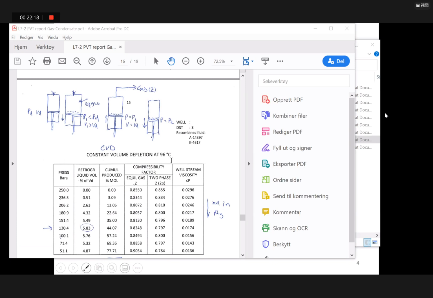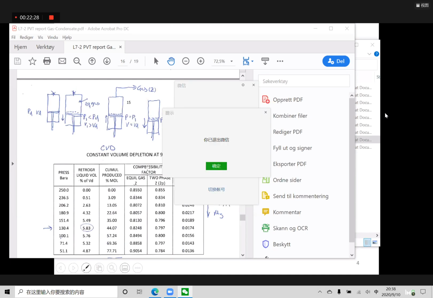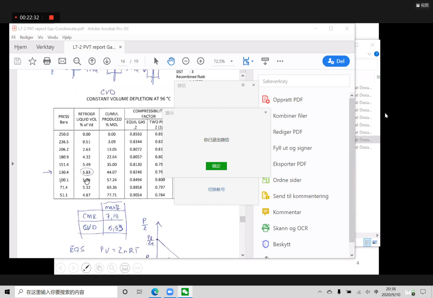And if we are going to design the process facilities, we need to be able to handle that type of production that we expect. So it's a gradual increase in the liquid volume. So if we compare liquid from constant mass expansion, that was maximum 7.18, and the constant volume depletion, we have a maximum of close to 6.